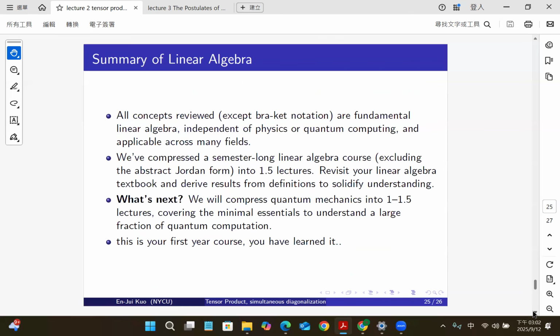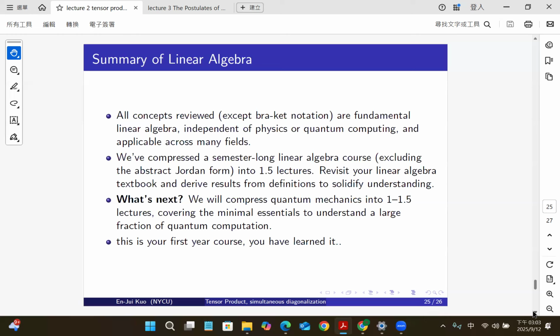Okay, so yeah, we finished linear algebra. All the concepts, basically the bra-ket notation, are fundamental linear algebra. Up to now, all these vectors could be irrelevant to quantum computing, but can be applied to machine learning or other things.